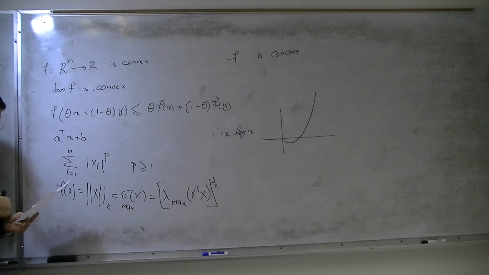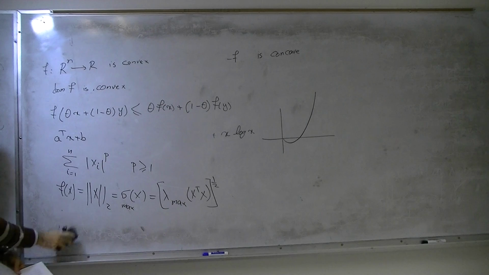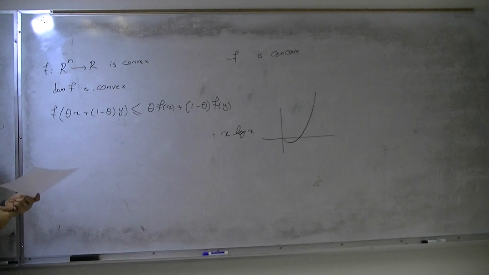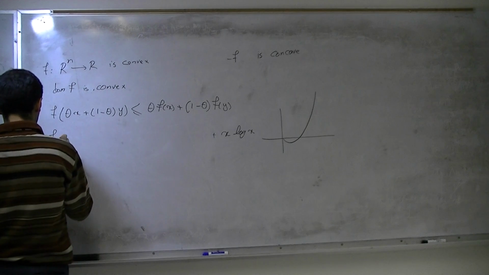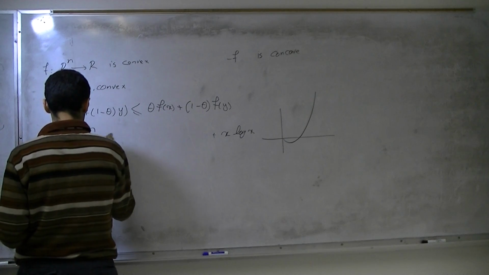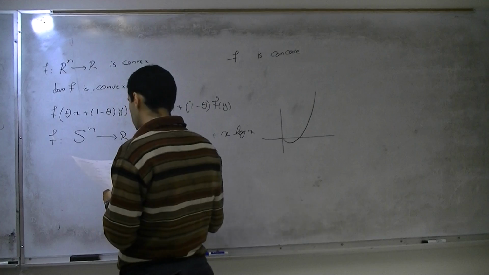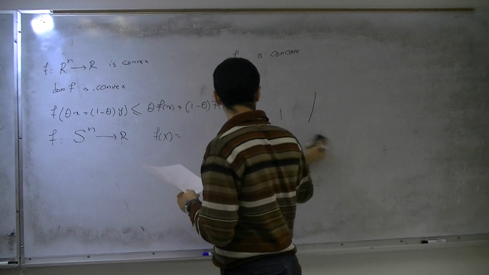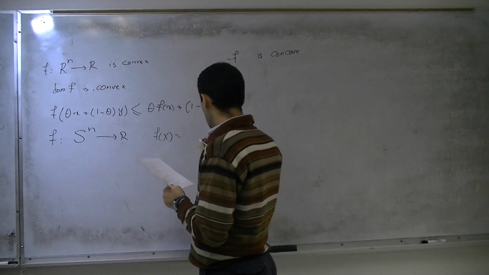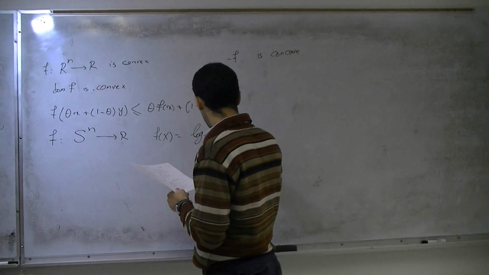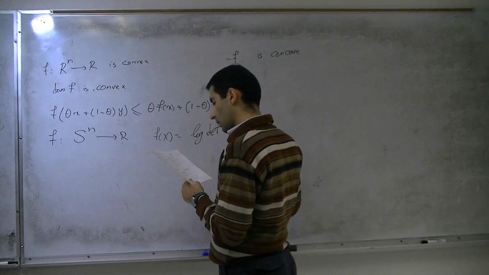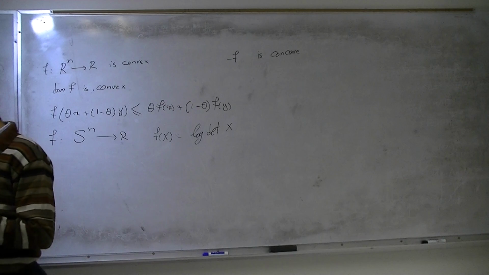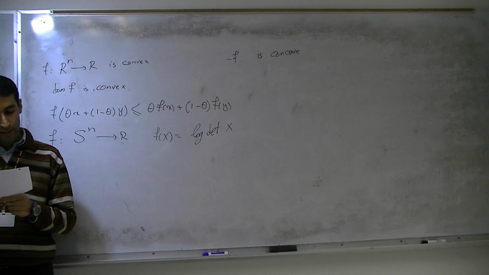One example of a slightly more complex function: if we have a function f from S^n to R, then if x is equal to this, this function is convex.